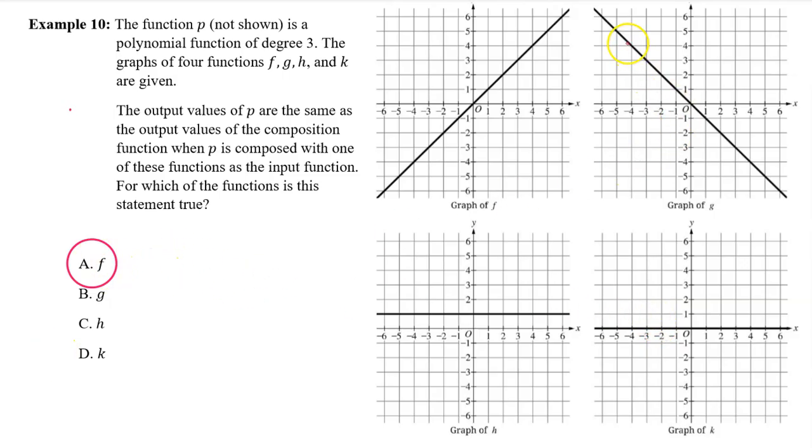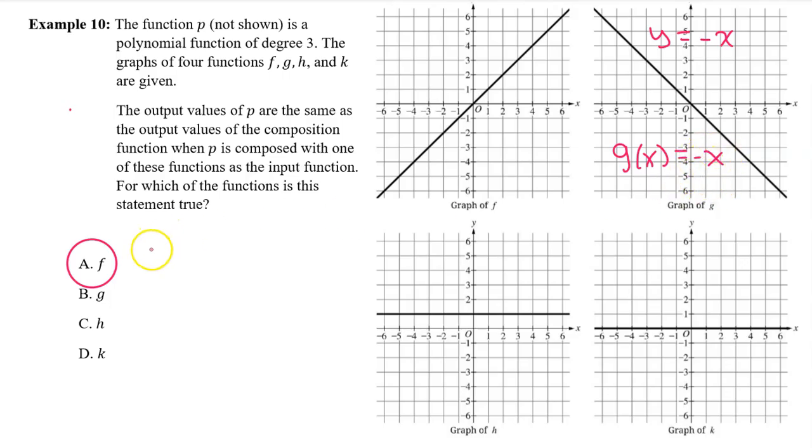We should be able to easily write a linear equation for the graph of g of x. Let's see, I'm thinking y equals mx plus b, so y equals, the slope is -1, so that's negative x. The y-intercept is 0, so that's it. y equals -x. Now, let's write this in function notation. So, we have g of x is equal to -x.